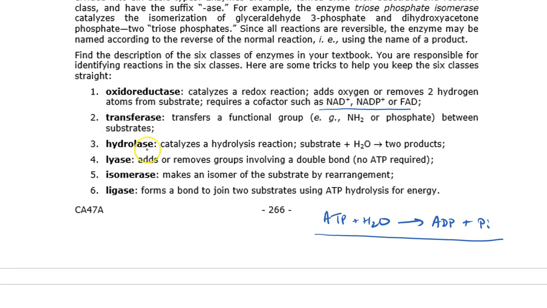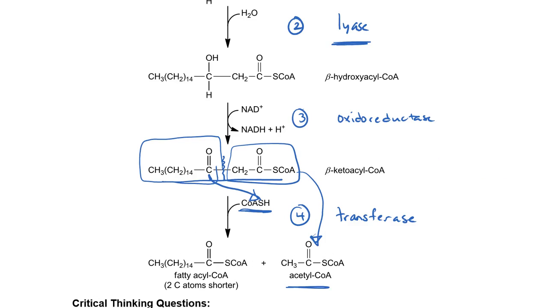You can also, like I say, do it by process of elimination because it wasn't an oxidoreductase. Water wasn't involved, so it couldn't be a hydrolase. The double bond groups weren't necessarily involved, although that's the hardest one to exclude. Really, I think that's the hardest to exclude because there kind of is a double bond involved.